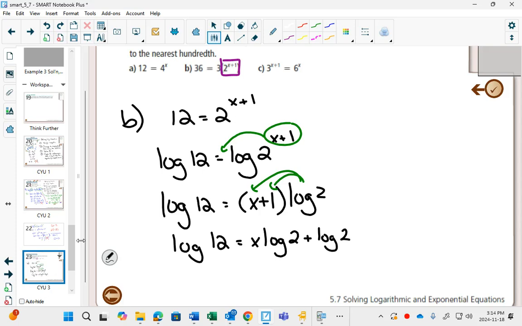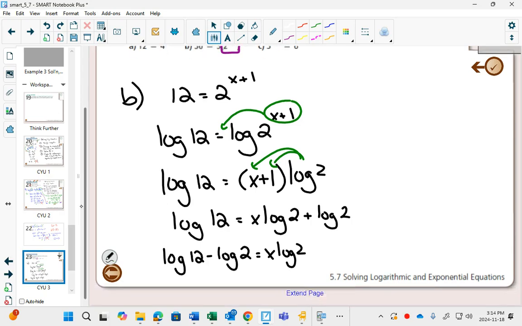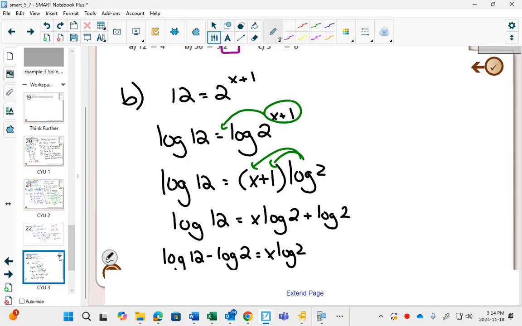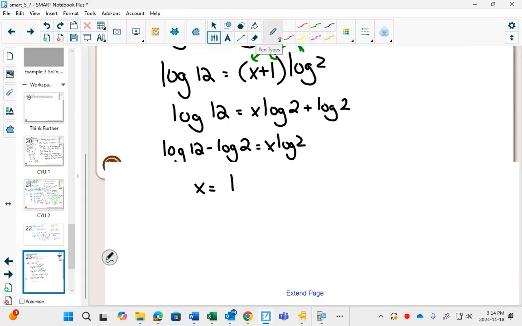I want to get the x by itself, so I'm going to have to subtract the log 2 on both sides. And then I can divide.